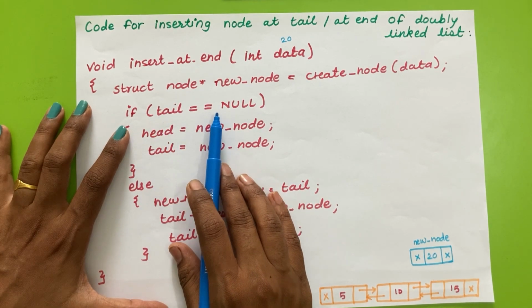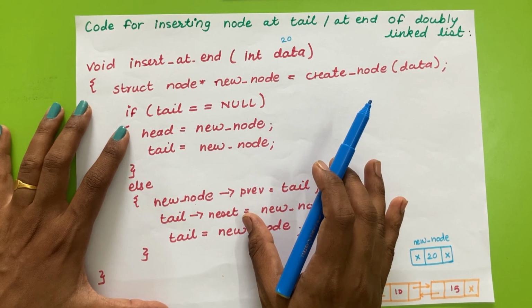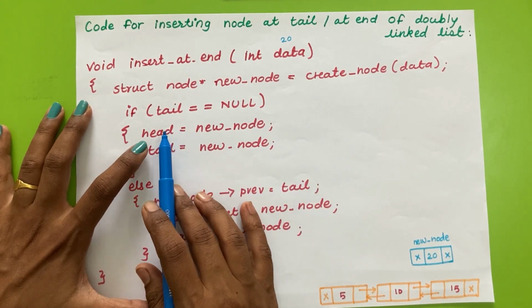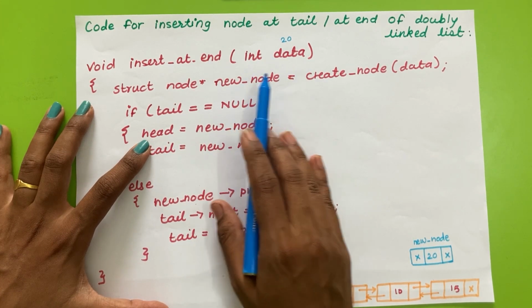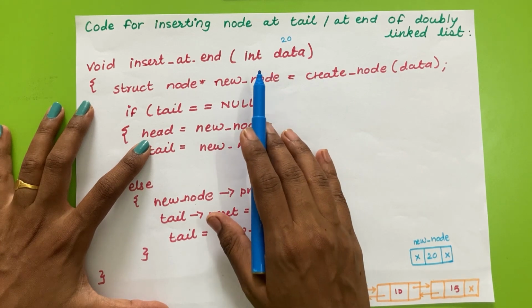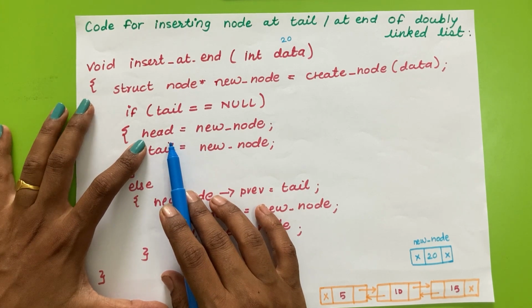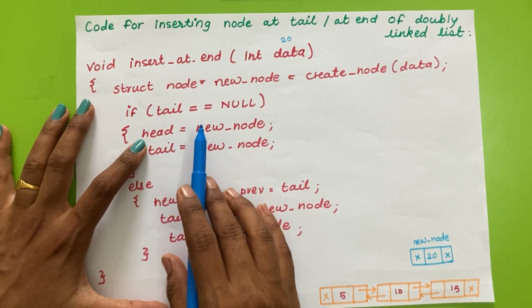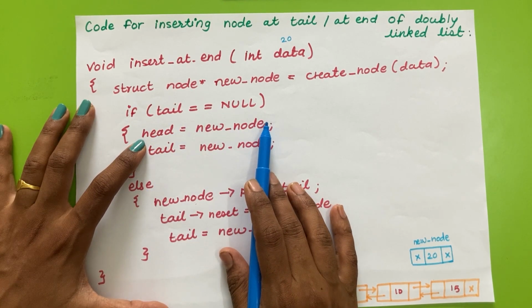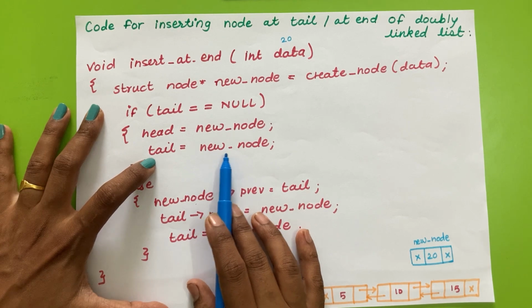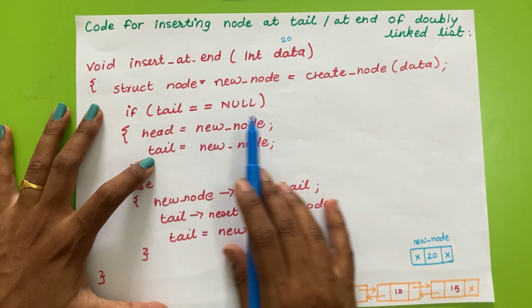So if tail is equal to null, then the inserting node will act as the new head as well as tail. Okay, so this new inserting node that is returned from the function create node will get assigned as head as well as tail. For that purpose we have used the assignment operator, and new node will get assigned as head first, and it is also assigned as tail because previously we didn't have a doubly linked list.